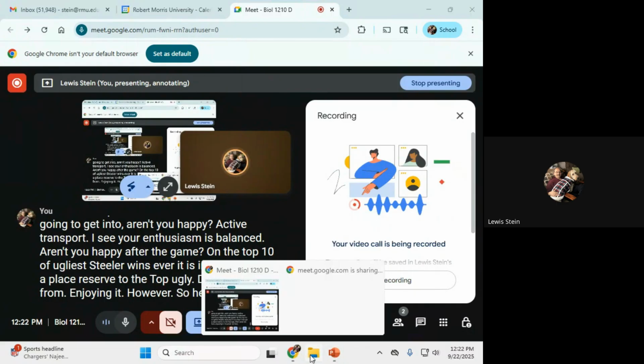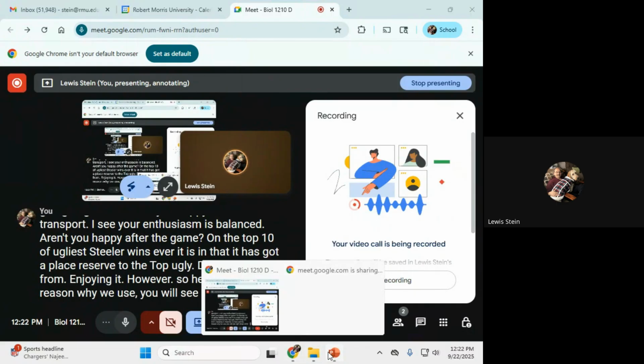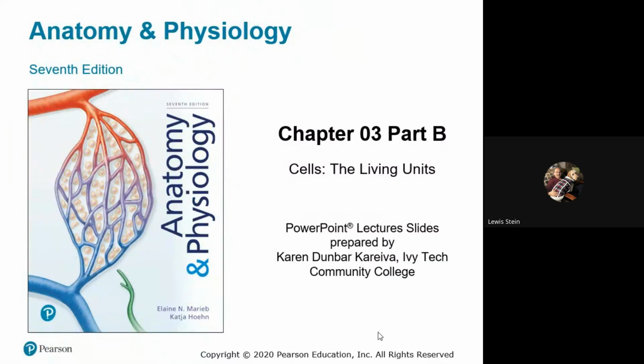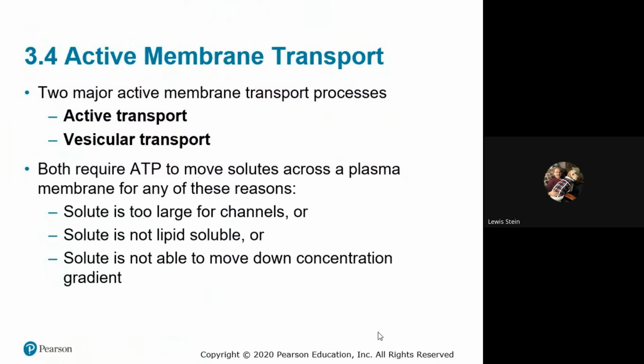So here, you will see right away why I use these subsequent PowerPoints. Okay, this is now active movement. Active implies utilization of energy. So we will not get into vesicular transport today. Vesicular transport, anything that's enclosed in membrane, other than a cell membrane, is kind of a vesicle. A vesicle is a way we transport things in and out of the cells so that they are protected.